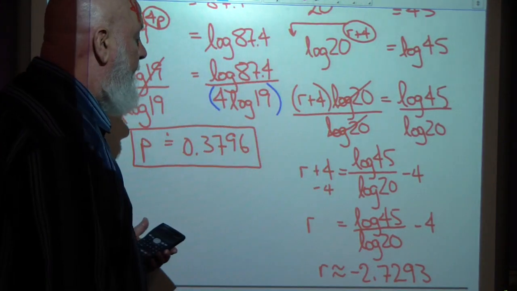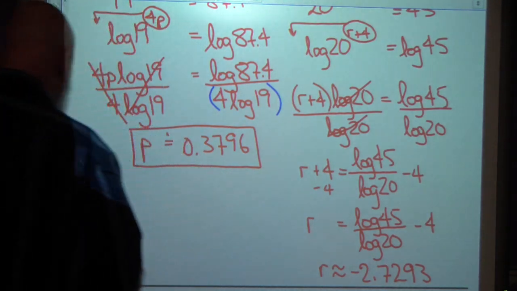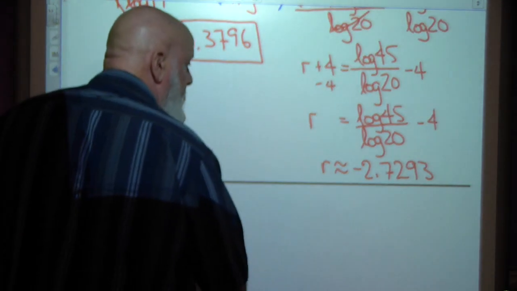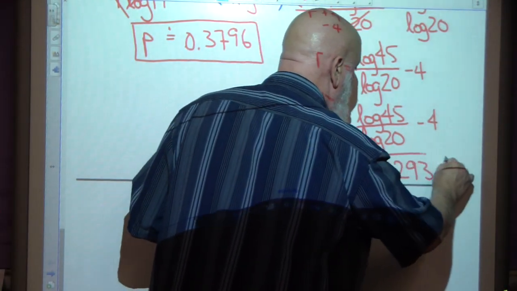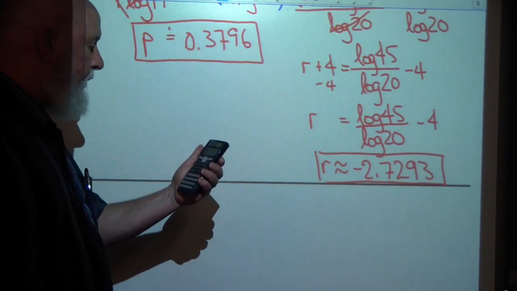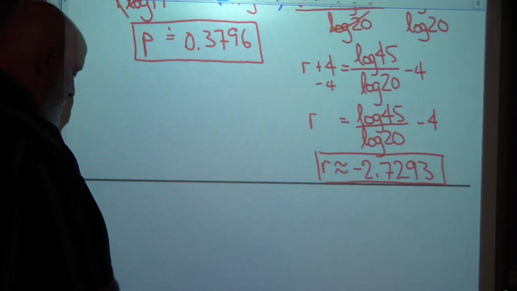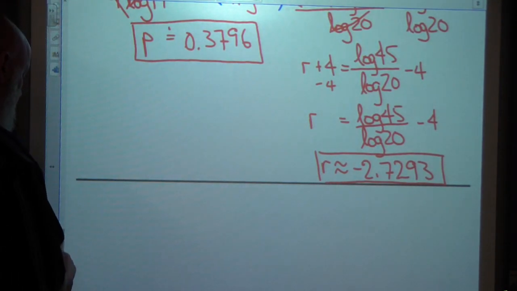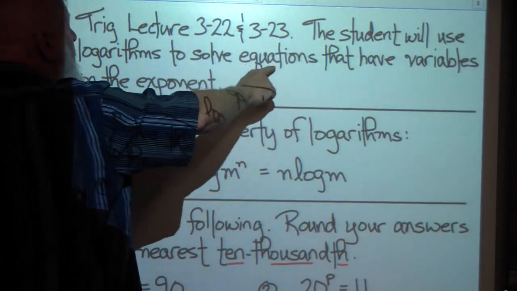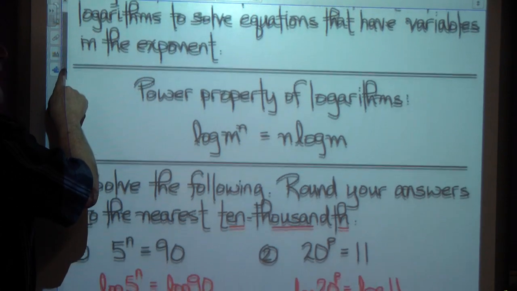Rounded to the nearest 10,000th. Okay. Wow, I just almost ran out of space on that one. And I believe that's correct. Let me look one more time. Negative 2.7293. Yay!